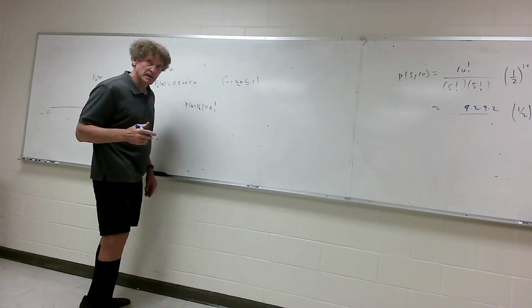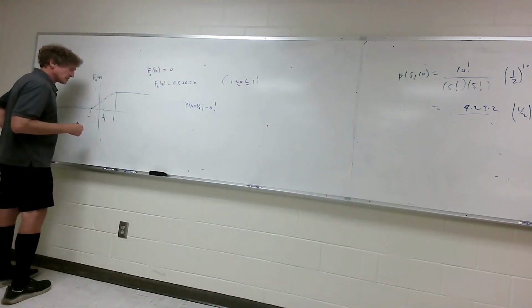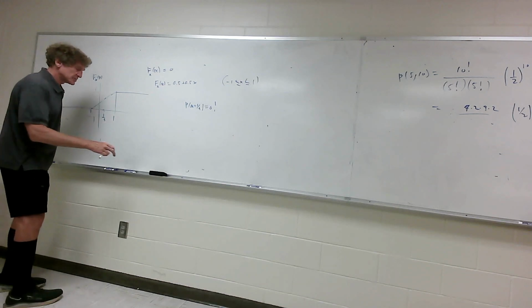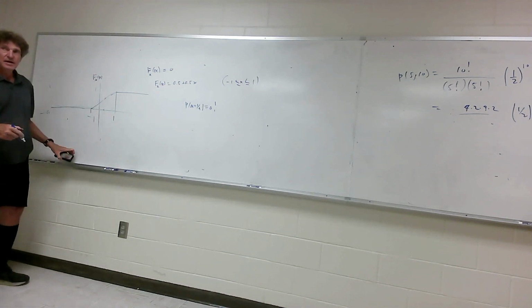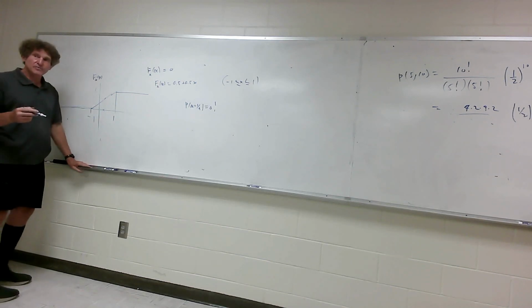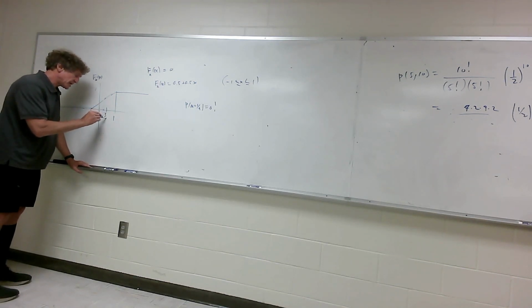Go ahead. Find the probability that x is greater than 3/4. Okay, now let's just do this rationally. I'll show you a trick. If we want the probability it's greater than 3/4, right? Well, 3/4 is right here, correct, class?